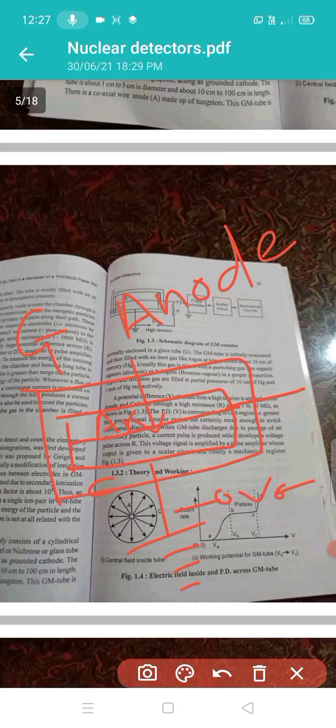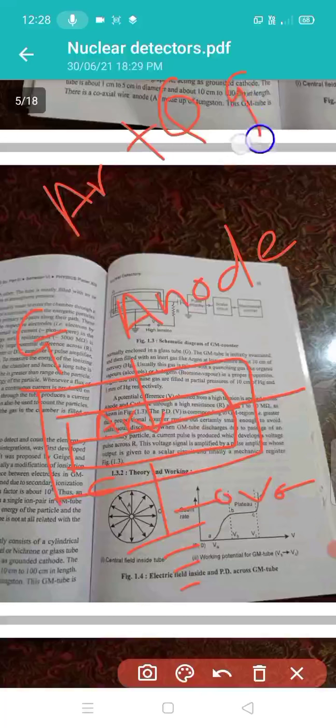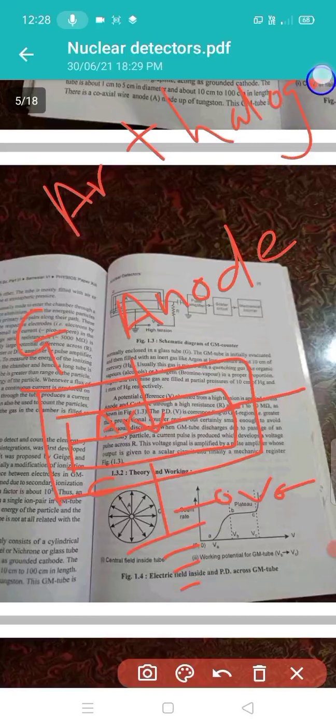Usually this gas is mixed with a quenching gas like organic vapors or halogens, in a proper proportion.